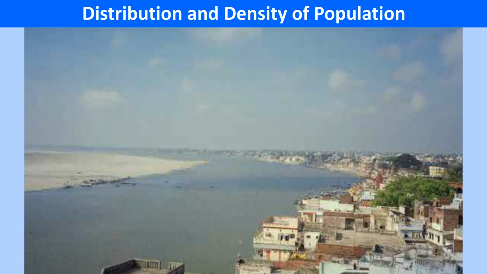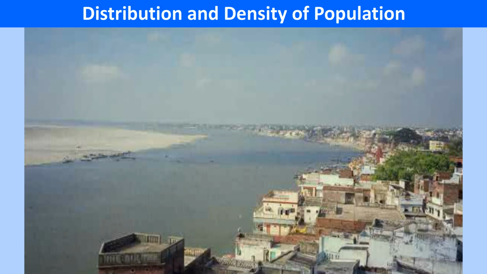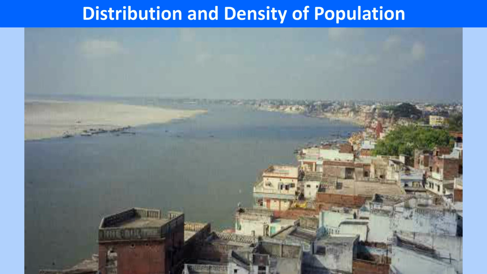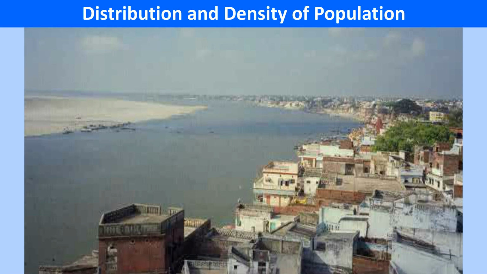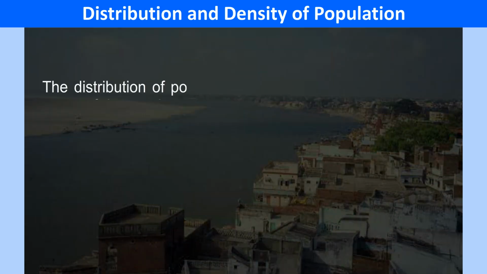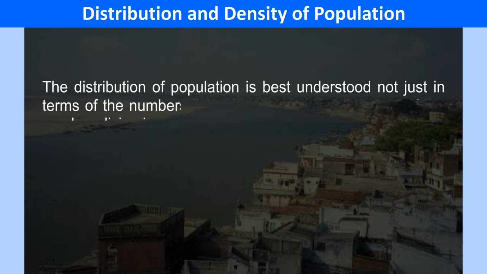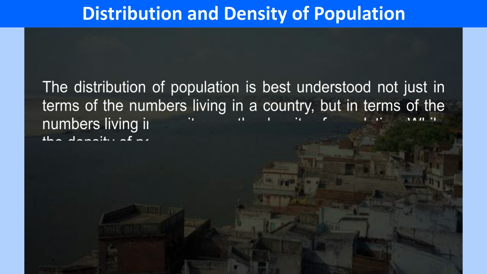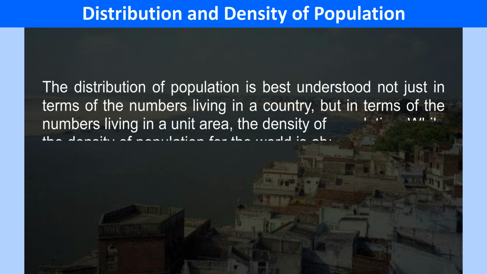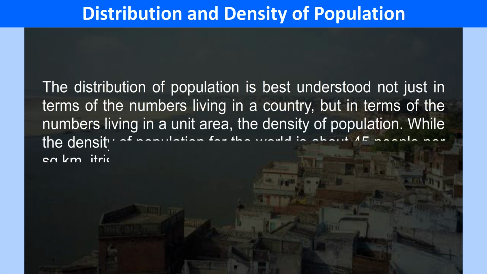Many vast expanses of desert and ice caps are virtually uninhabited, while parts of the Gangetic Plains is densely populated. The distribution of population is best understood not just in terms of the numbers living in a country, but in terms of the numbers living in a unit area, that is, the density of population.